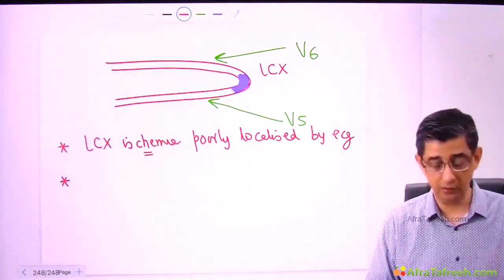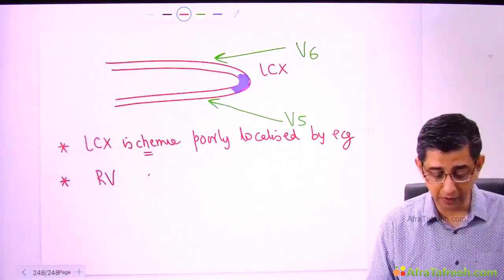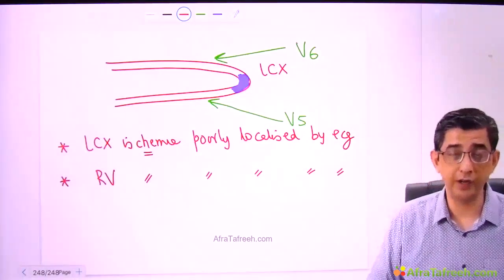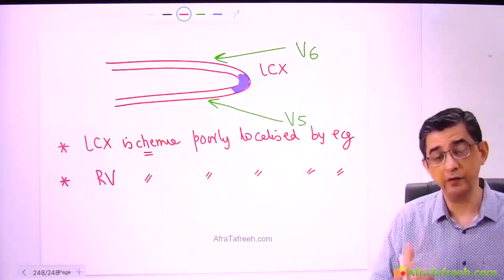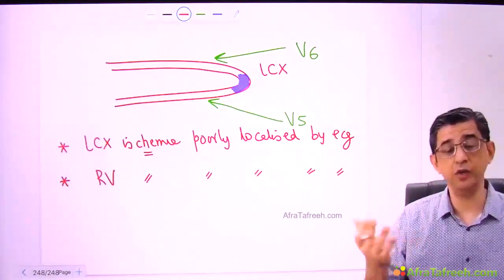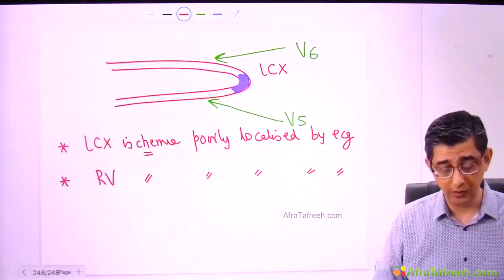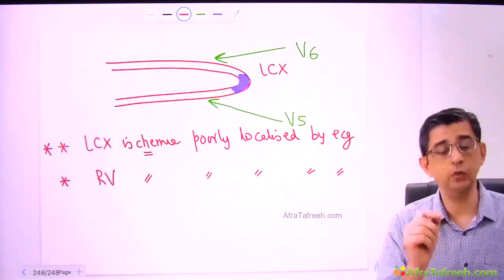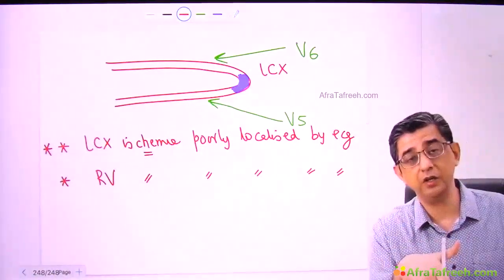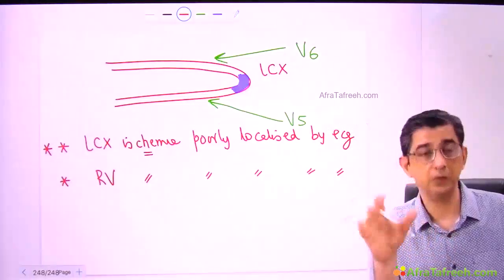And another one that I wanted you to remember is that even right ventricular ischemia is relatively poorly localized, in a sense that when it comes to the right ventricle, we will have to put a special chest lead, that is V4R, and V4R is not put routinely. So these are two limitations of ECG: left circumflex artery ischemia and right ventricular ischemia are poorly localized by ECG.